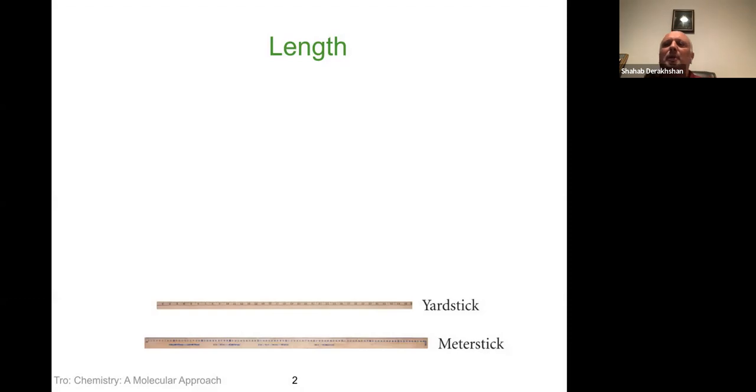So here we are talking, for example, about length. Clearly we have different ways to measure length based on different standards. In the scientific community, we are talking about meter sticks, but in different communities, they have different standards. For example, a yardstick is some other way of measuring length, which is used in different communities. And there is always a relationship between, for example, yard and meter.